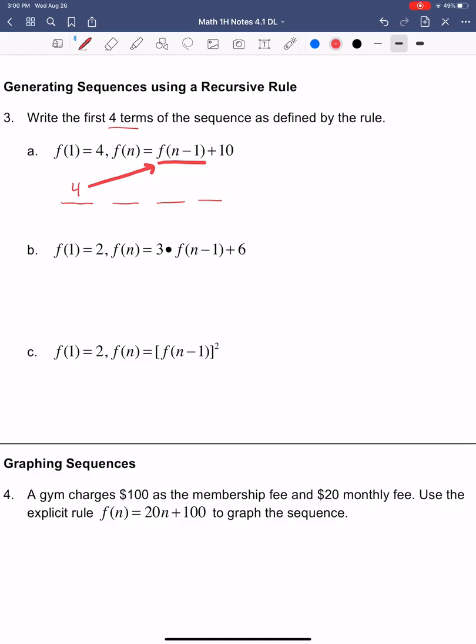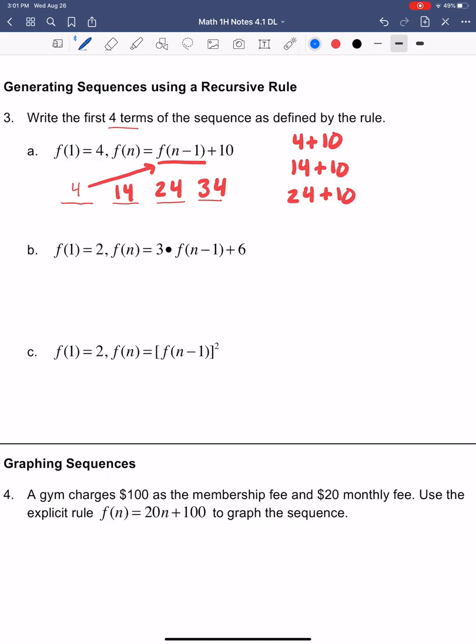So to find this next term, all I have to do is just do 4 plus 10, and then it gives me 14. And then I need to do 14 plus 10, and it gives me 24, and then 24 plus 10, and it gives me 34. Okay, and those will give me those next pieces.